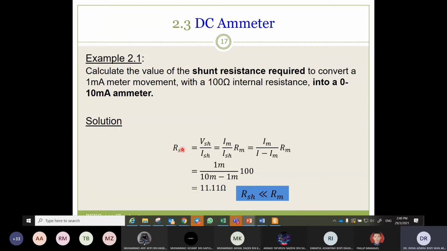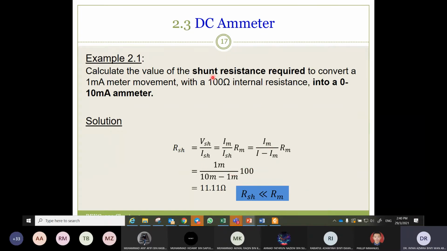So R shunt is equal to V shunt over I shunt. V shunt is equal to VM, and VM is equal to IM RM. So R shunt is equal to IM RM over I shunt, where I shunt is equal to I minus IM. Now we substitute the values.